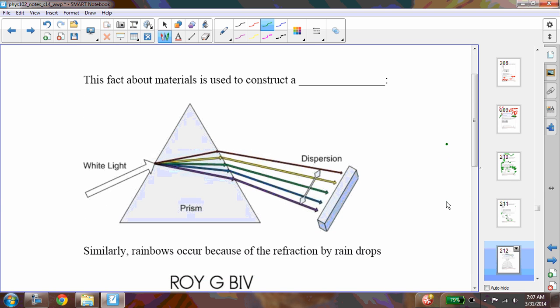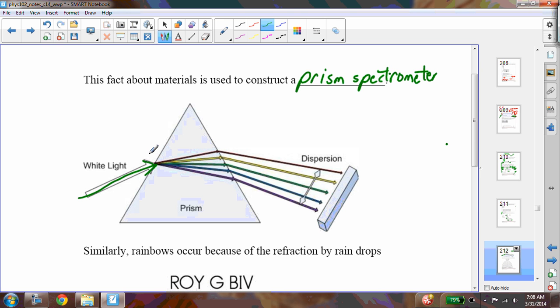So this fact about materials is used to construct a prism spectrometer. As I said, most spectrometers today use diffraction gratings, which we'll talk about in the next chapter. But basically the idea is the same.